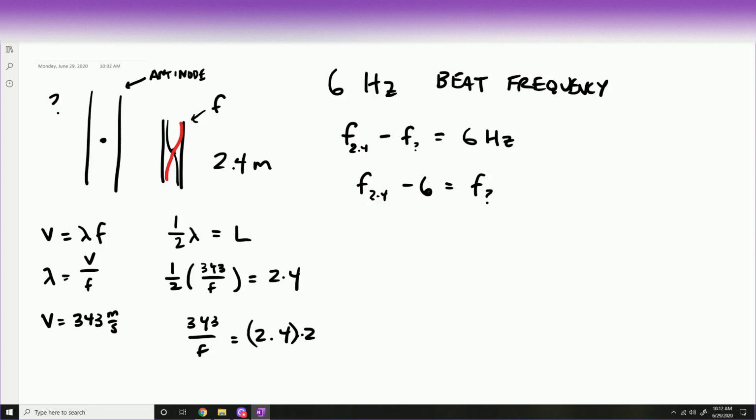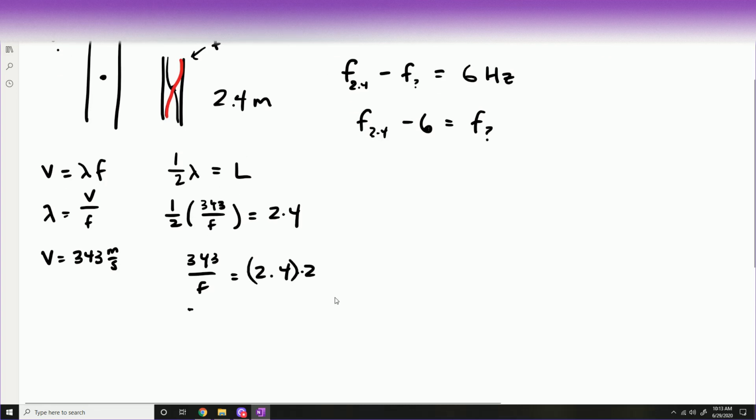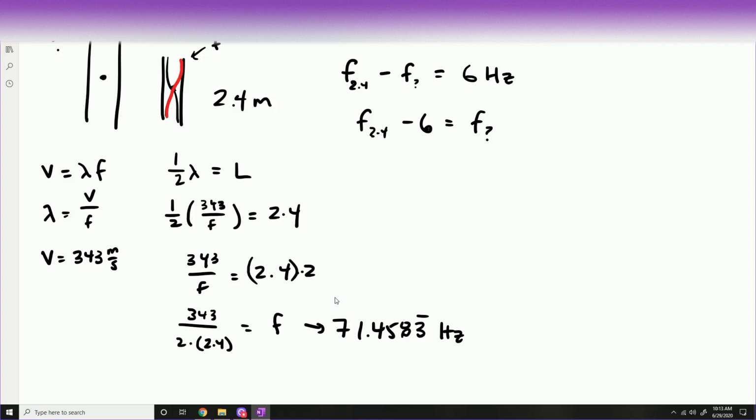So I'll bring f over to this side and divide on that side, so I get 343 divided by 2 times 2.4 is equal to the frequency. So let's go ahead and punch that in the calculator and see what we get. And I get a frequency of 71.458 repeating, just leaving all the numbers there for now. So that's the frequency of this pipe.